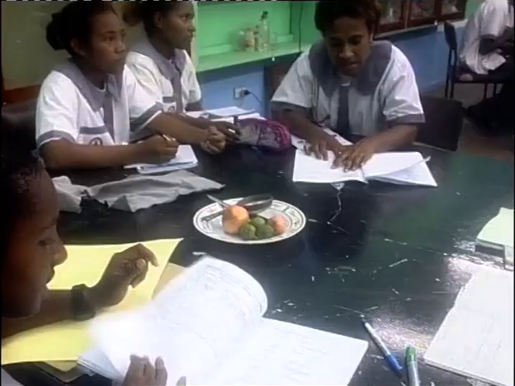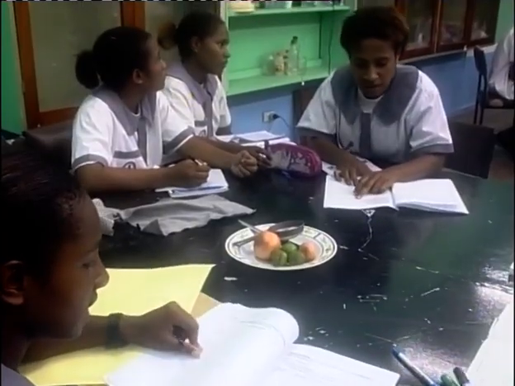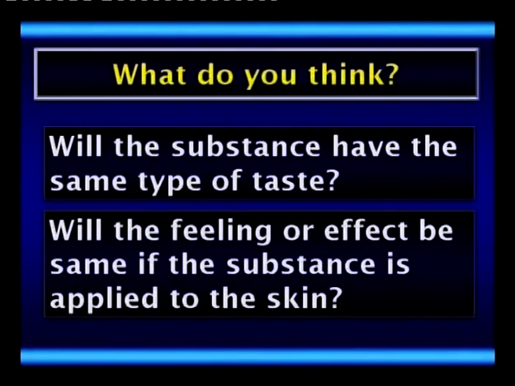Right. Before we go on, there are some questions that I would like you to have a look at. When you're carrying this out, you have to look at the type of taste and how it feels when you apply a little bit on your skin. What kind of feeling does your arm have?